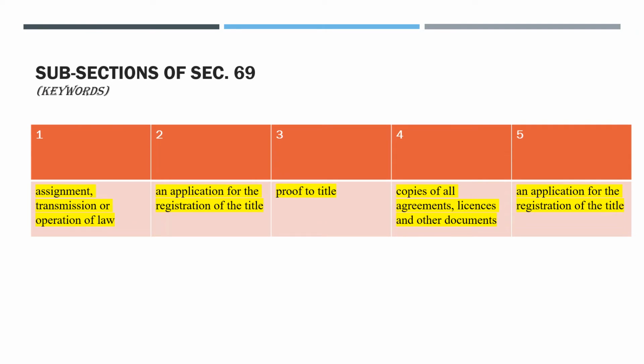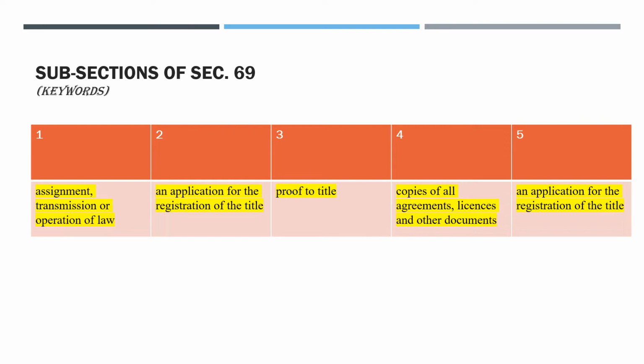Subsections of section 69. We will discuss the key terms and the keywords. Section 69 has in total 5 subsections. So let us proceed one by one. The key phrase for subsection 1 is assignment, transmission or operation of law.